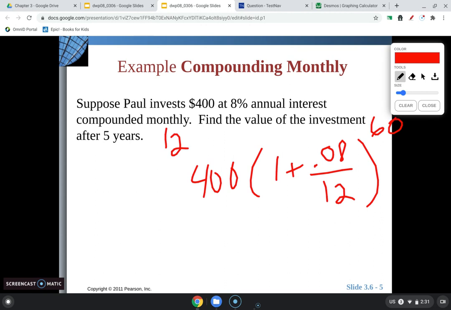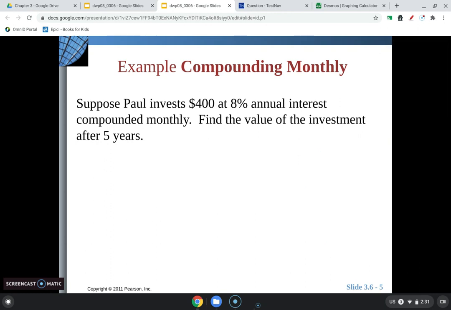If you do that, it's almost easier just to leave parentheses and not round. So I would go 400 times (1 plus 0.08 over 12), using your nested parentheses, to the 60th power. You got about $595.94.